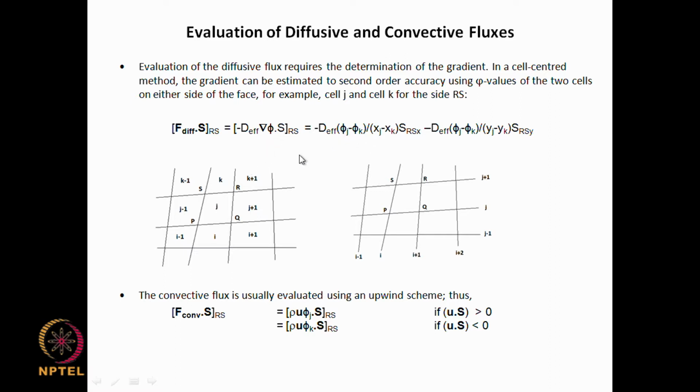Because we know the value of phi at this cell and for this cell, then we can say that the gradient of phi is phi j minus phi k divided by x j minus x k.